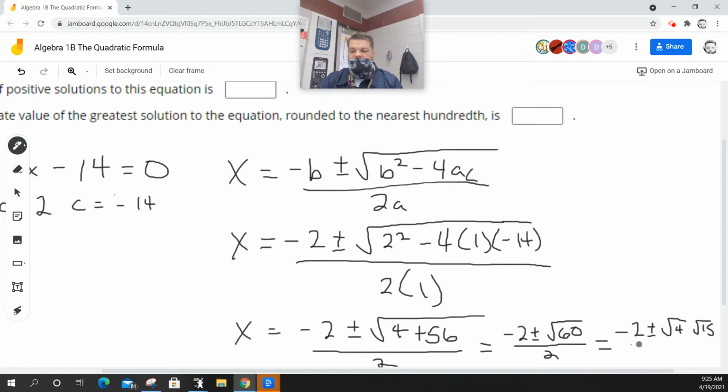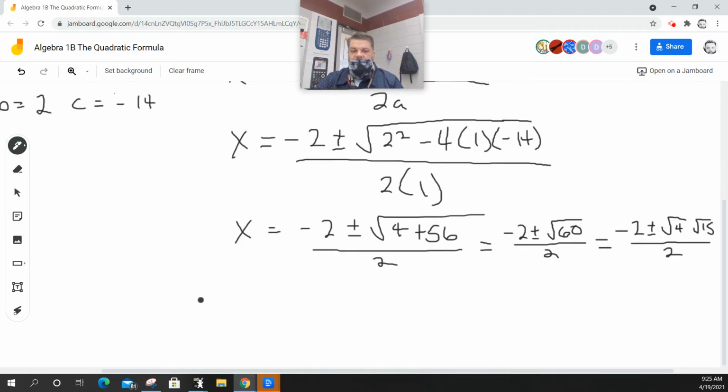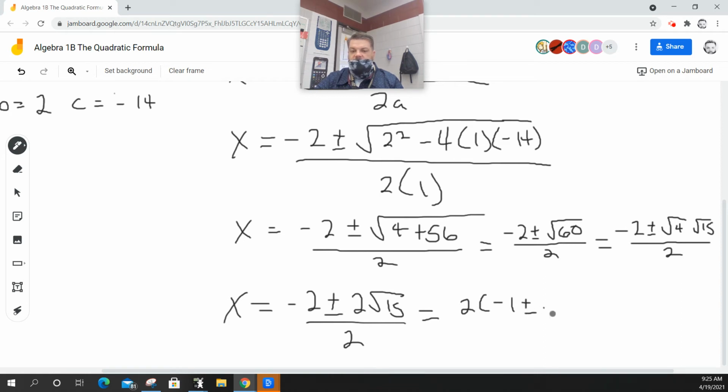Because 4 times 15 equals 60. Then in the next line, negative 2 plus or minus 2 root 15 all over 2. We're going to factor out a 2, which gives me negative 1 plus or minus the square root of 15. Okay?